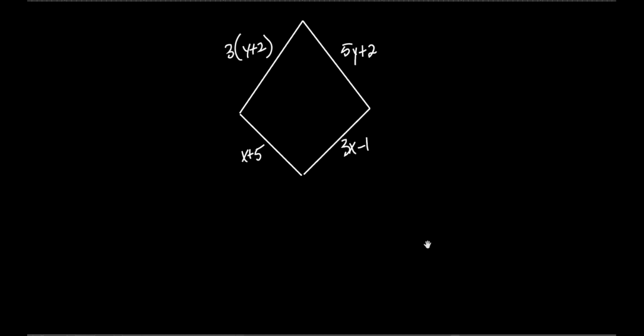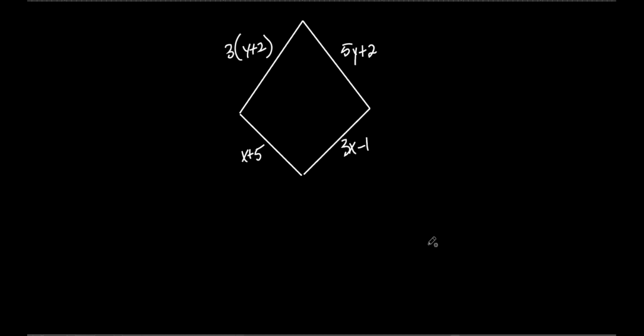We're going to talk more specifically about a kite later on in another lesson, but let's take a look at this. This should be pretty easy for you. If that's 5y plus 2, this is 3 times y plus 2, that side right there. This is x plus 5, this side right here, and this one is 3x minus 1. We should have enough time to finish this up.